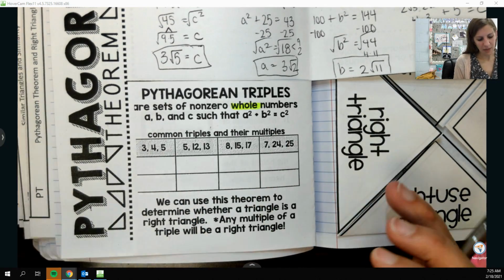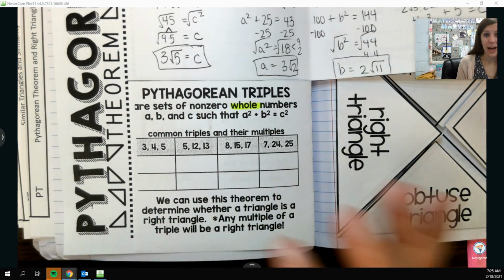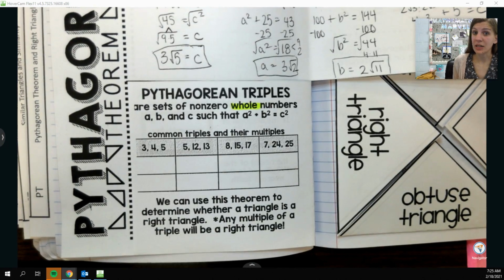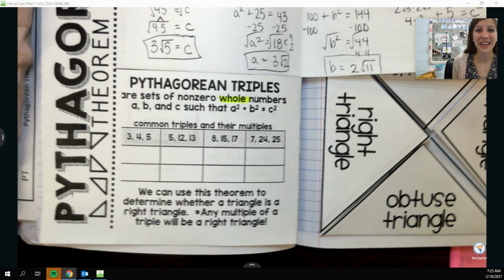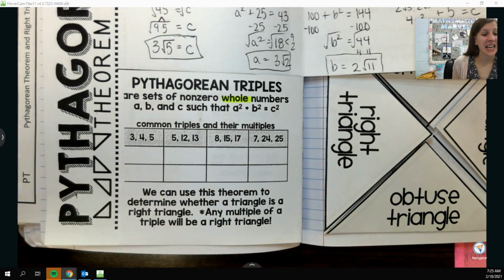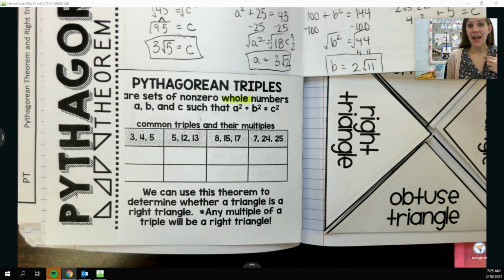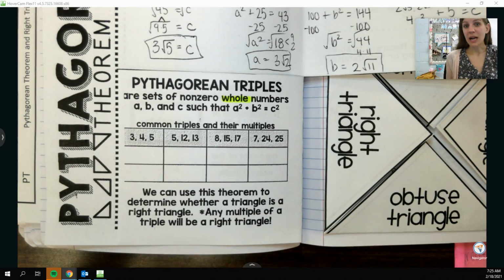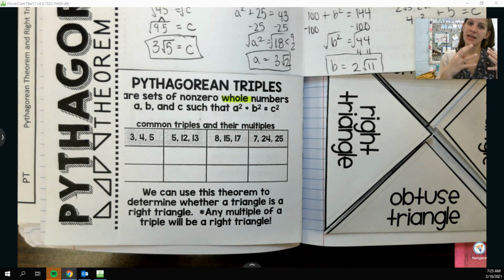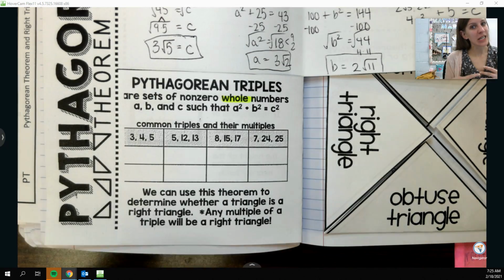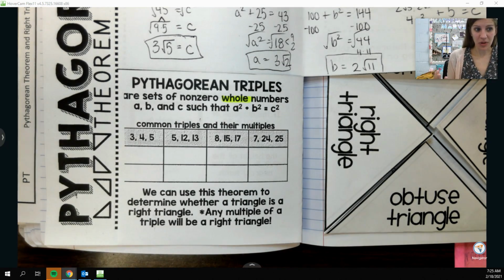So these are some common triples, like 3, 4, 5 is a really common Pythagorean triple. 5, 12, 13, 8, 15, 17. All of these are really common ones. Now, based on the last chapter, we know that we can scale stuff up or shrink it down, and those things are similar.